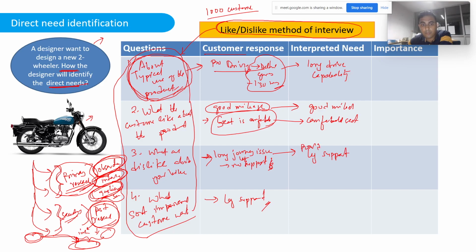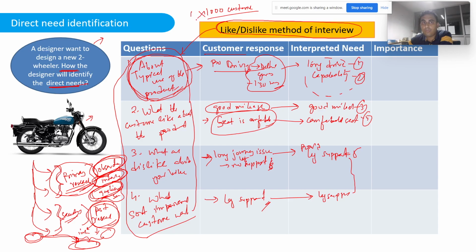And again, when you were asked what to improve, you said the same thing, leg support. So likewise, you got, how many, 1, 2, 3, 4, 5. So 5 needs from one particular customer.